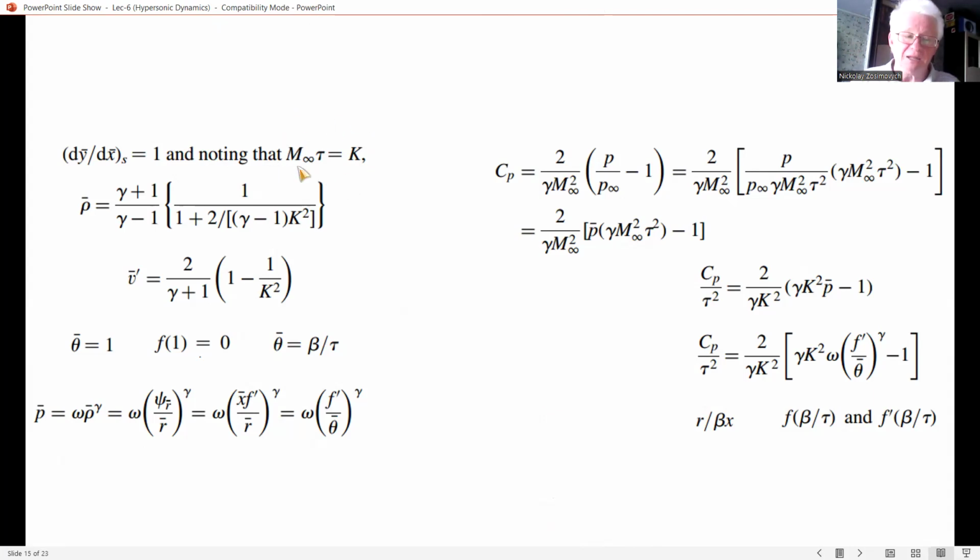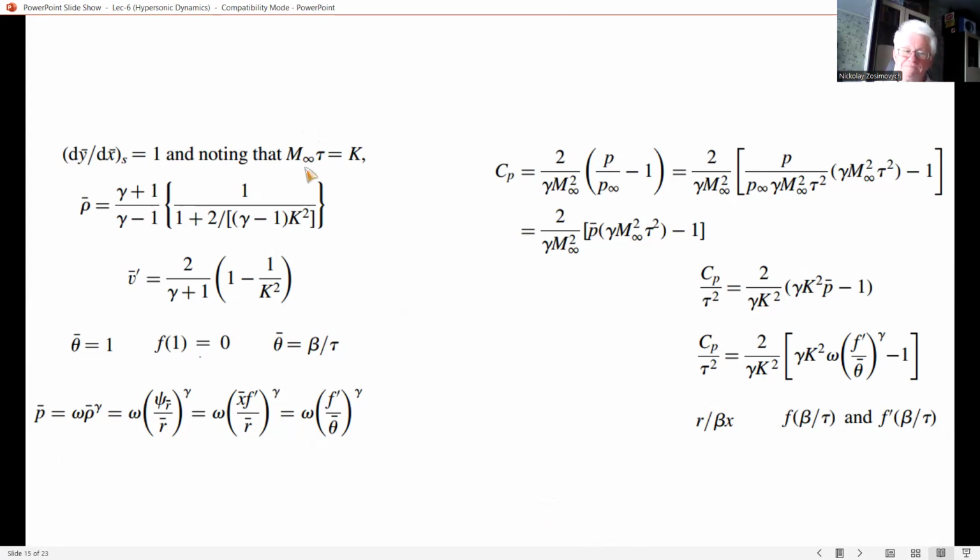Moreover, in practical applications involving a given body, we know tau, while beta is usually unknown. And hence, the practical hypersonic similarity parameter is M infinity times tau, but not M infinity times beta, okay?